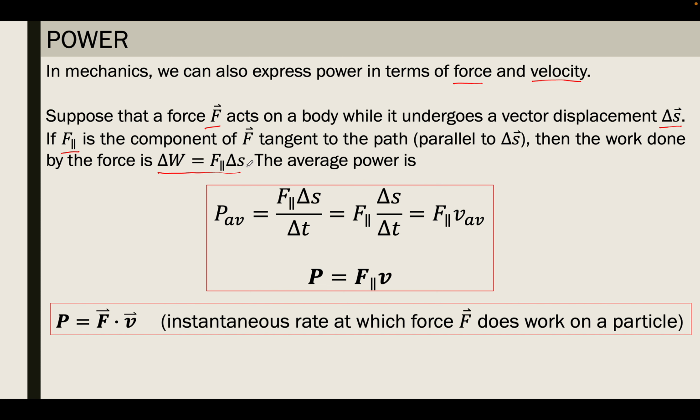So now the average power is the change in work divided by the change in time. Substituting the value for the change in work, which is parallel force times delta S, our average power now is the parallel force times the change in displacement divided by the change in time.